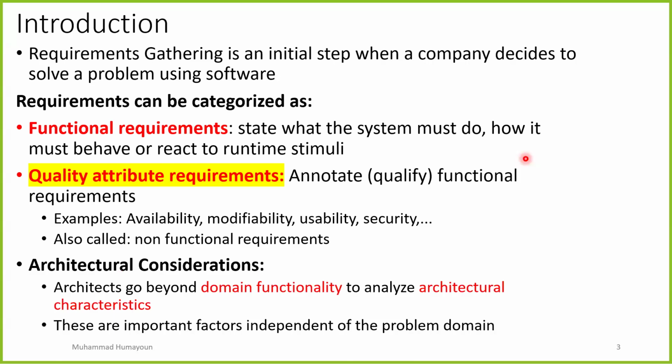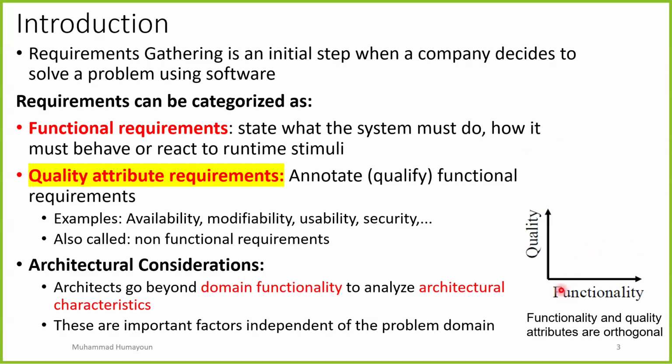And these are also really important factors, independent of problem domain. It doesn't matter what problem you are solving. Is it a pizza delivery system? Is it an Uber kind of software system you develop? Is it a hotel management system? All these require some quality attributes like security, usability, modifiability, availability, and maybe some others.